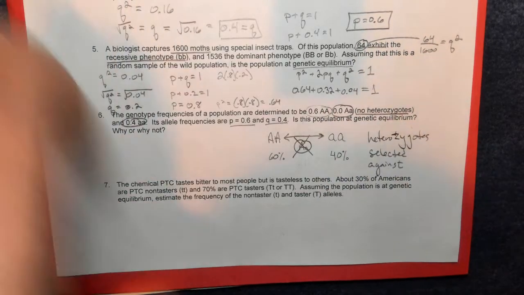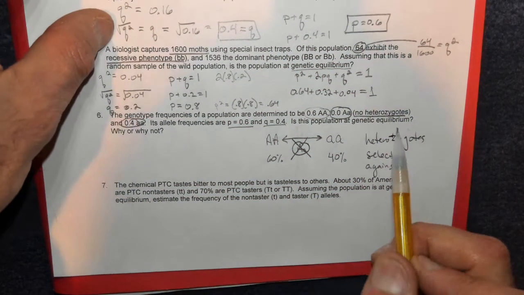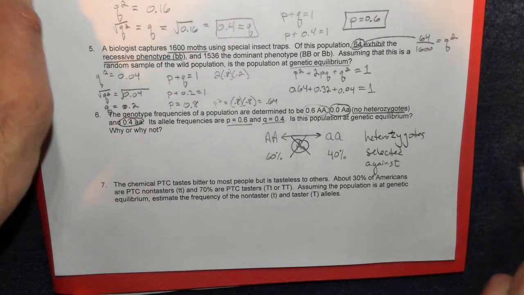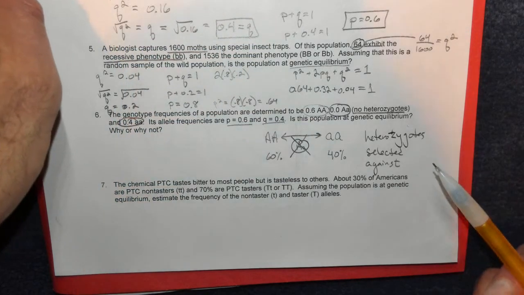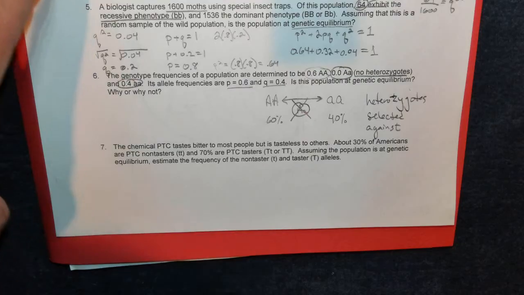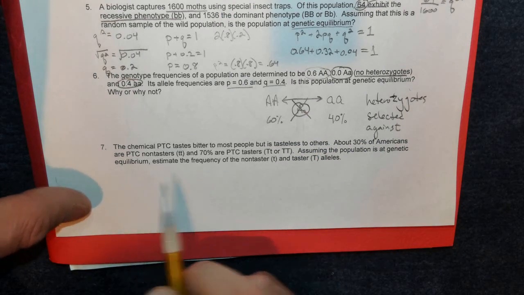And one of the rules of Hardy-Weinberg is that there is no natural selection. So, is it at genetic equilibrium? No, it's not. Why is it not? Because you're not allowed to have natural selection, and that's what's going on.